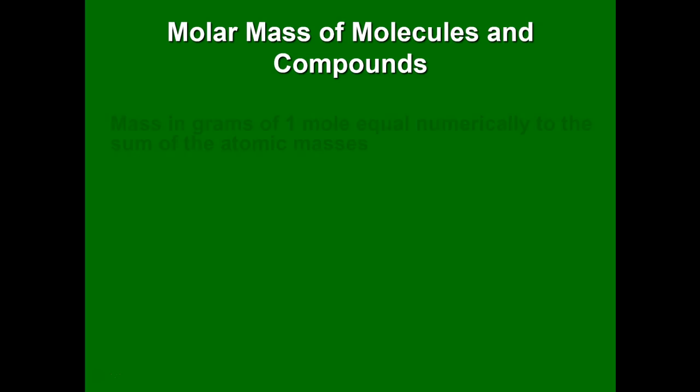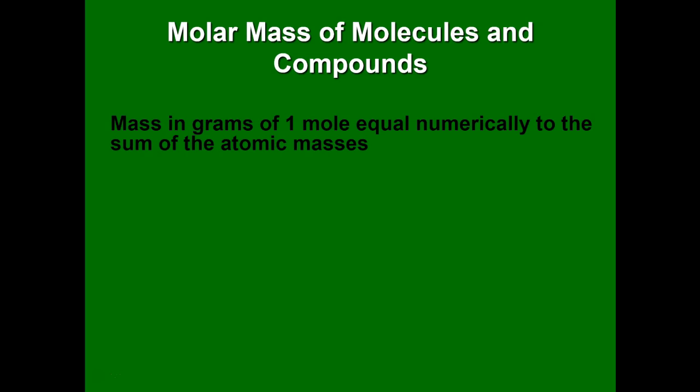Okay, so let's talk about the molar mass of molecules and compounds. We were just talking about how the molar mass of an element can be found simply by reading it off of the periodic table.